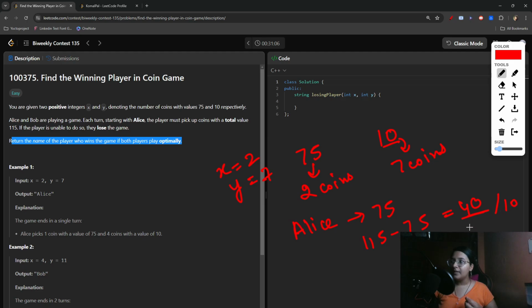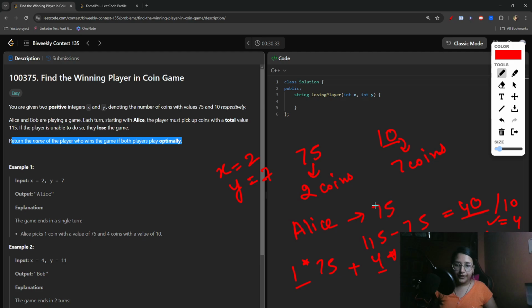That means it will be 4 coins. So she will subtract that from this, and the remaining will be 3 coins, 7 minus 4. So she will be picking 1 multiplied by 75 plus 4 multiplied by 10, which means totally 5 coins she will be picking.